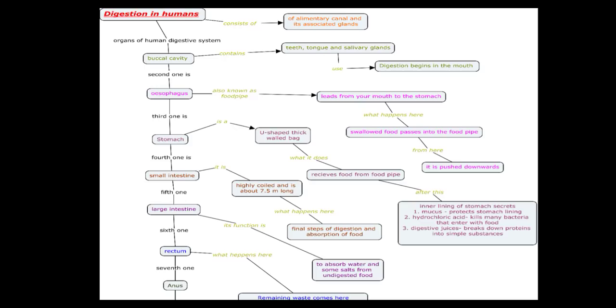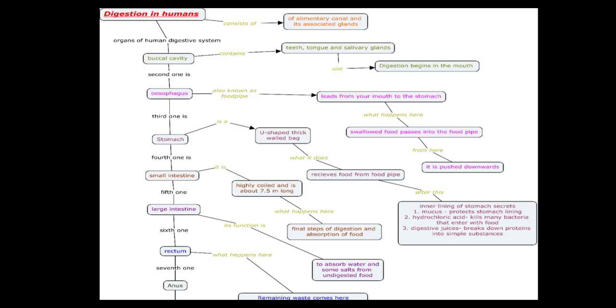The digestion begins once we start chewing our food. Teeth help in chewing food, tongue helps in mixing food, and salivary glands secrete saliva which helps in conversion of starch into sugar.